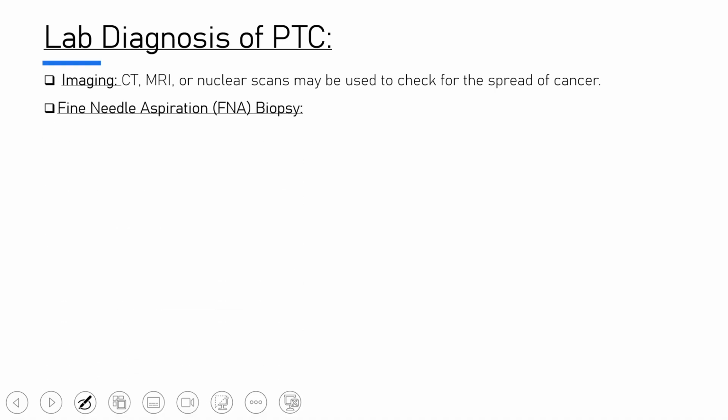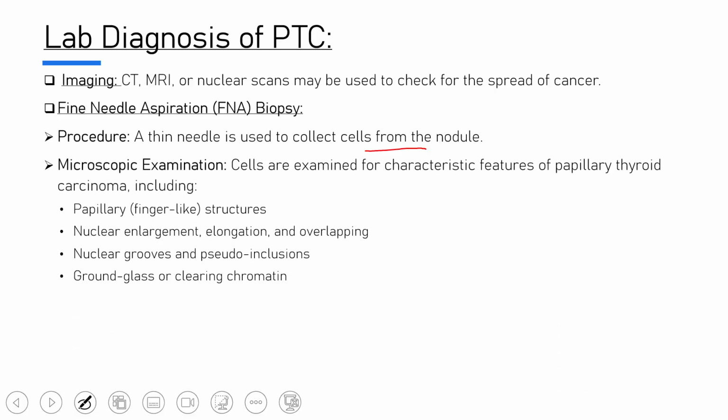Also, fine needle aspiration biopsy can be done, where a thin needle is used to collect cells from the nodule, and the various microscopic features which we discussed in the part 1 video, like papillary structures, nuclear enlargement, grooves, elongation, overlapping, pseudoinclusions, and ground glass or clearing chromatin, or Orphan Annie eyes appearance.